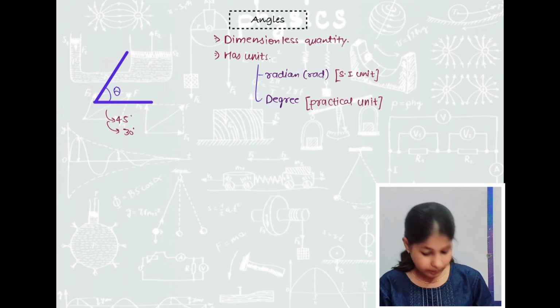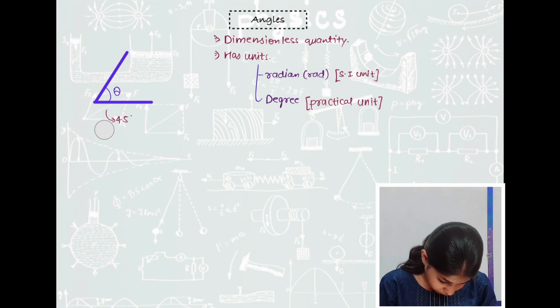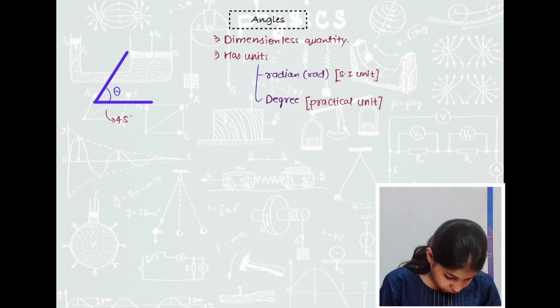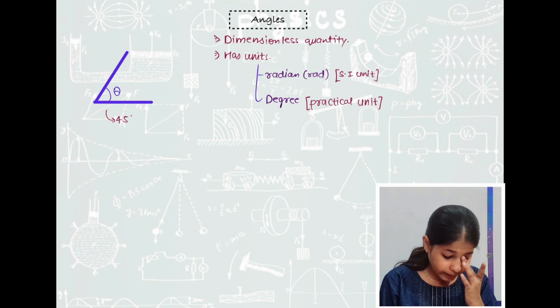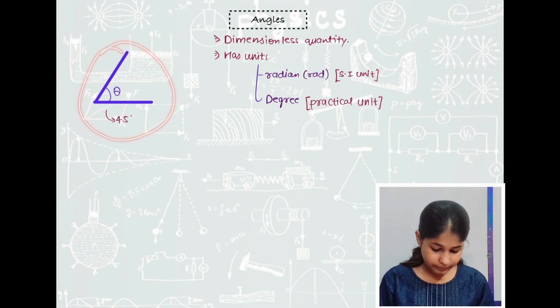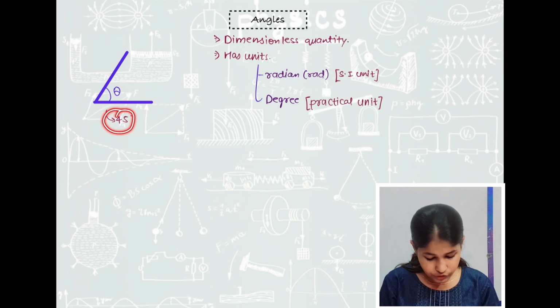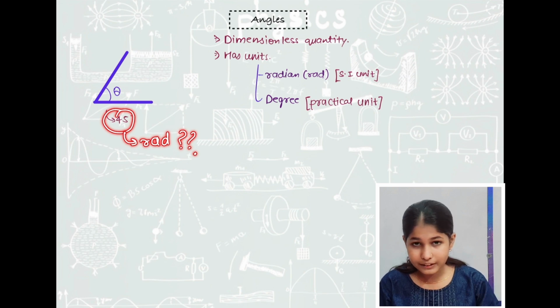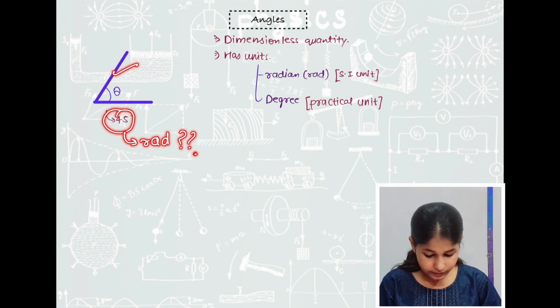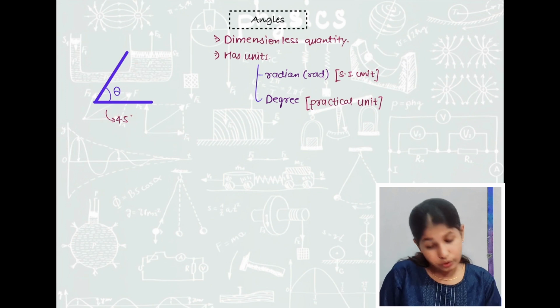Let me erase it so that you don't get confused. Let's assume the value of this theta is 45 degree, and the question asks for the answer in radian. What will you answer?